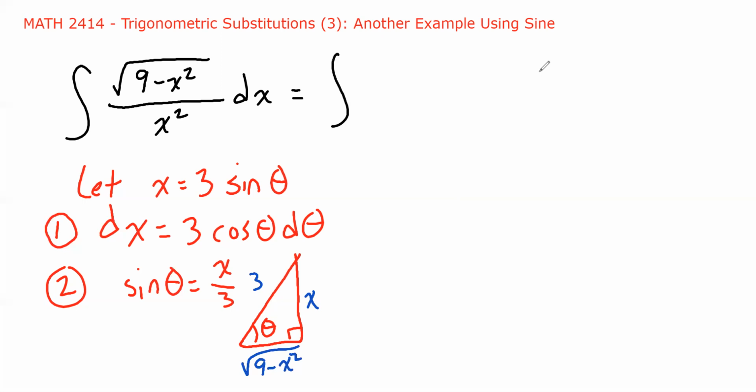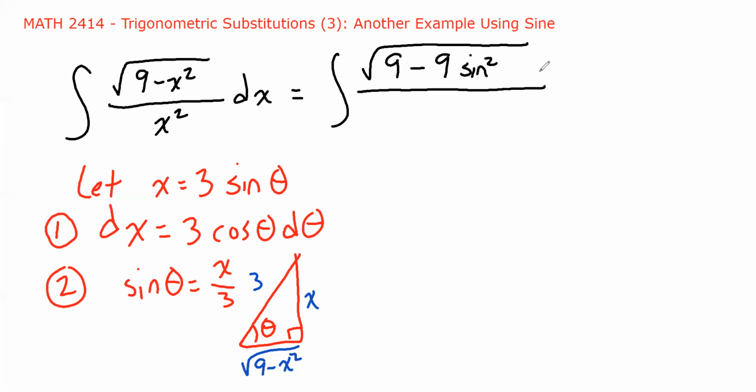Each of these x's happens to be squared, so everywhere there's an x squared, we'll just square both halves of 3 sine theta. 3 squared is 9, sine theta squared is sine squared theta. On the bottom, we get the same thing, sine squared theta. Now for dx, we get 3 cosine theta d theta.